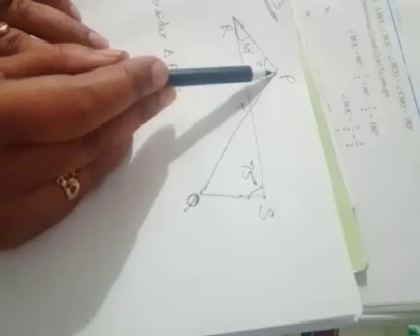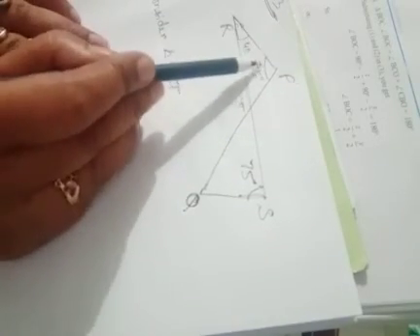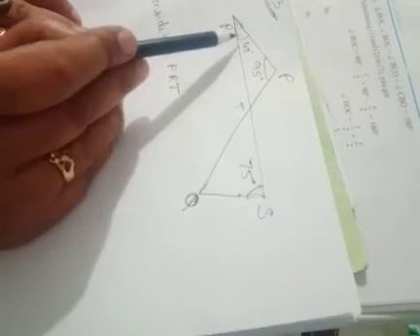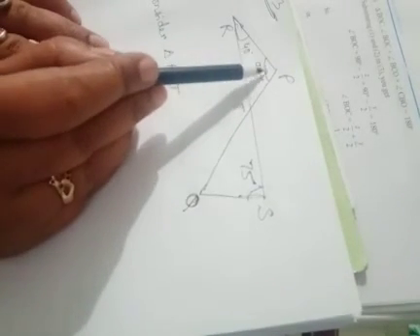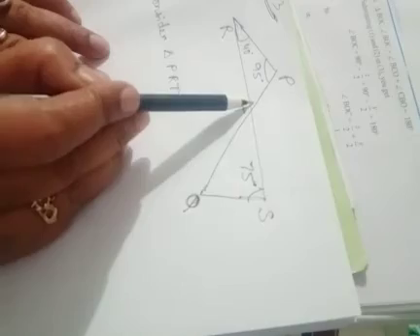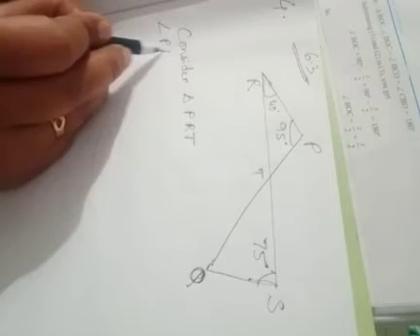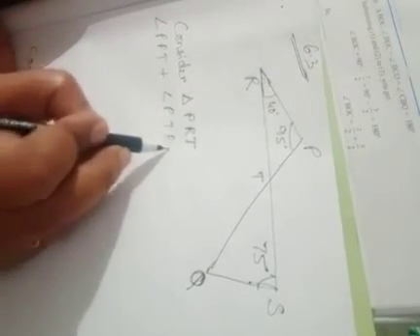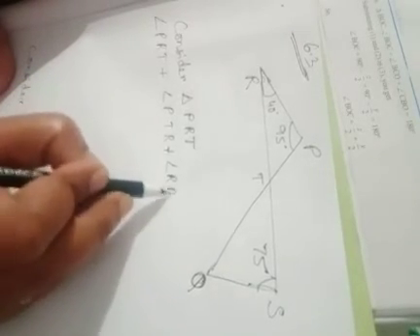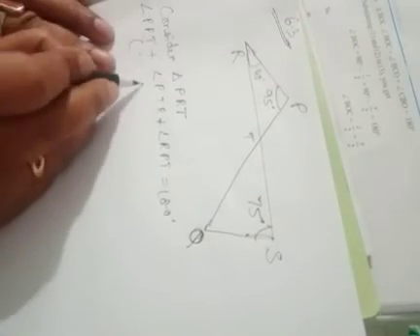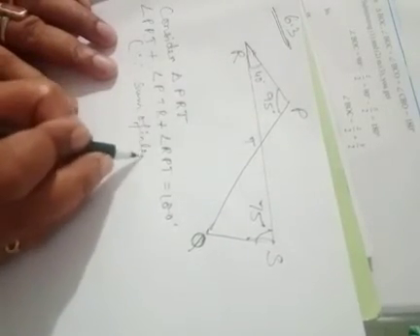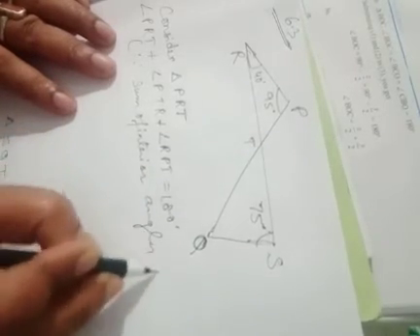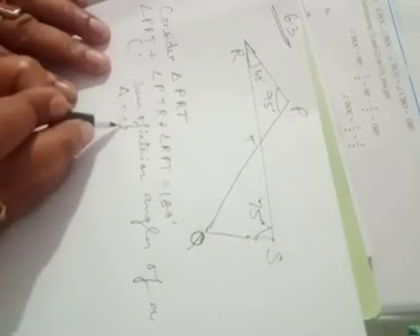If you consider the triangle PRT, you can see that angle P, angle R and angle T. If I add the angle P, angle R and angle T, it should be equal to 180 degrees. So write down angle PRT plus angle PTR plus angle RPT should be equal to 180 degrees, because sum of interior angles of a triangle should be equal to 180 degrees.